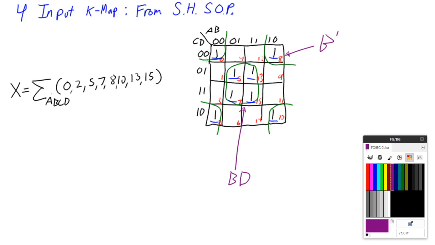Looks like C changes, and D stays the same, and it's staying as a 0. So that means our final function is x equals BD or B not D not. So there we go. That's our simplified function.